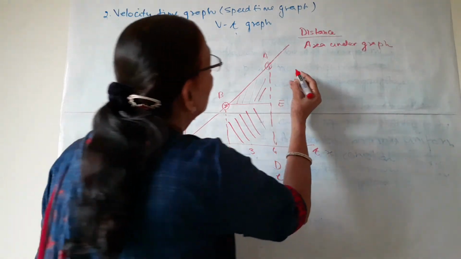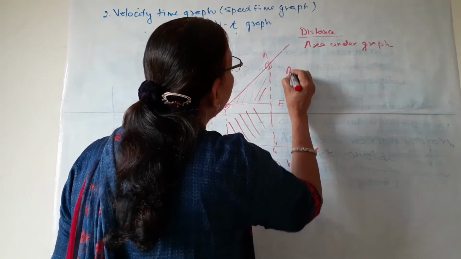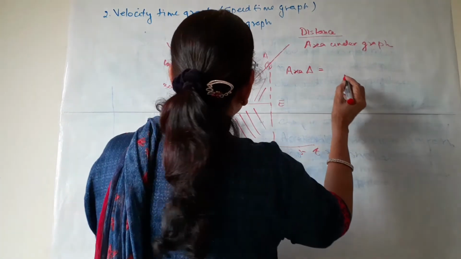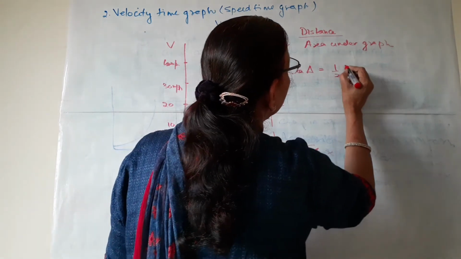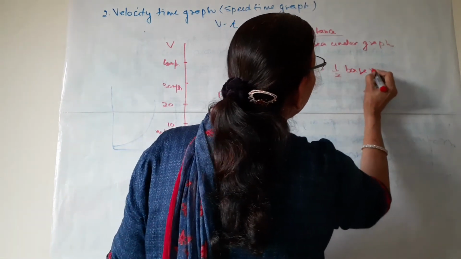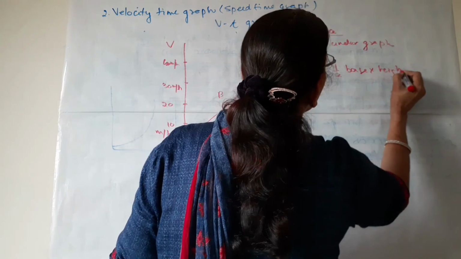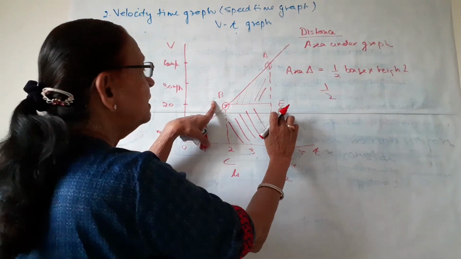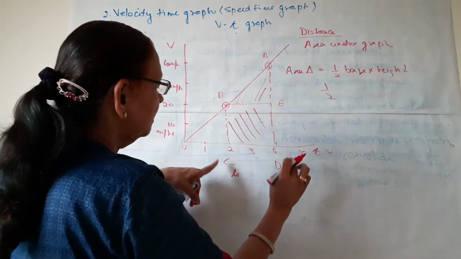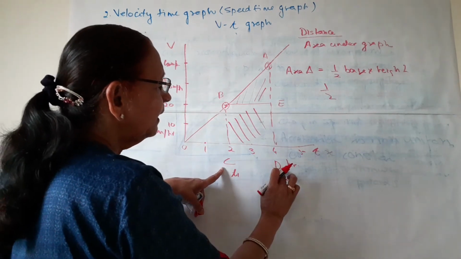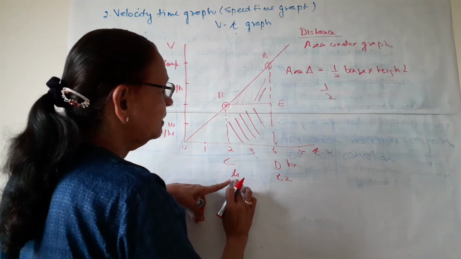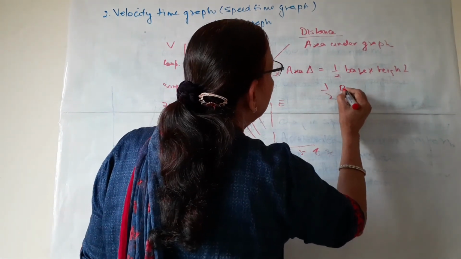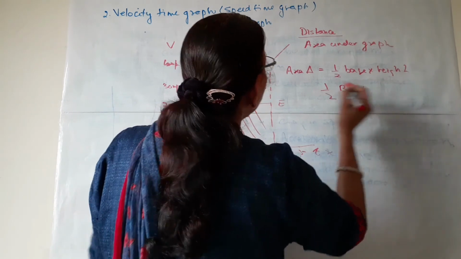First, all of you know the area of a triangle is equal to half base into height. So it is half. What is the base? Base is BE and this is equal to CD, which is T2 minus T1. So the base is BE, into height.